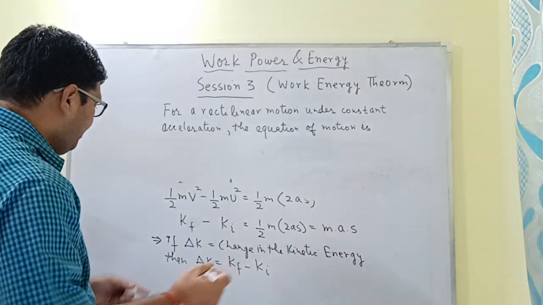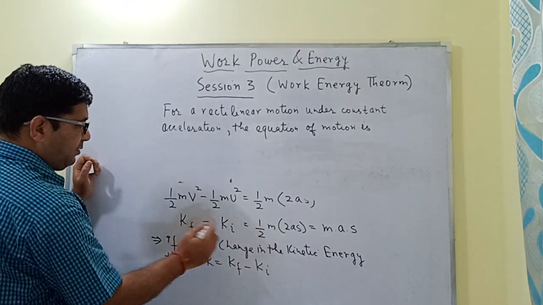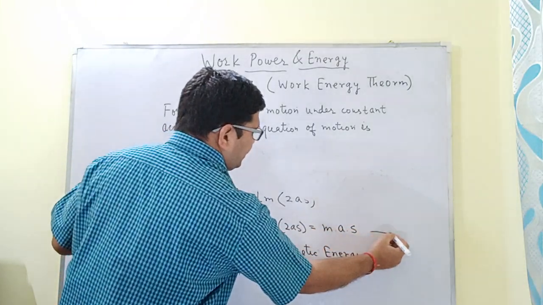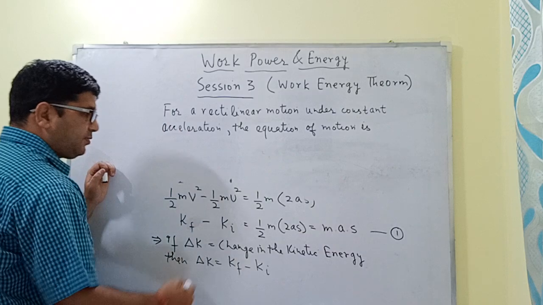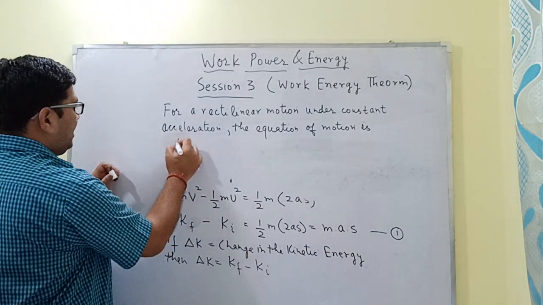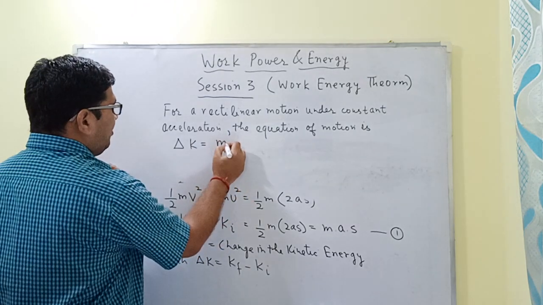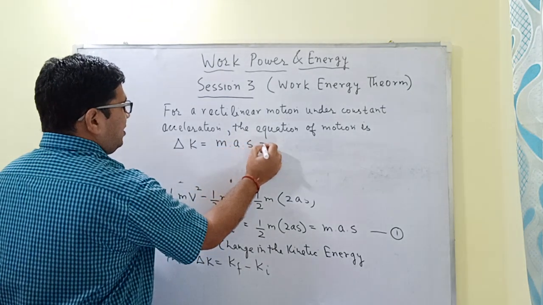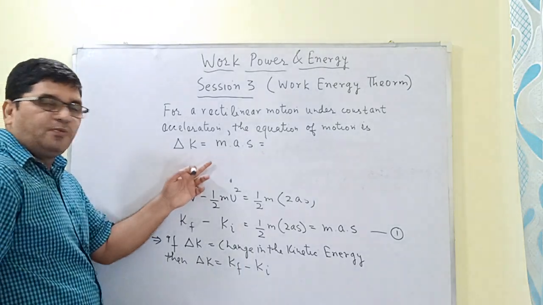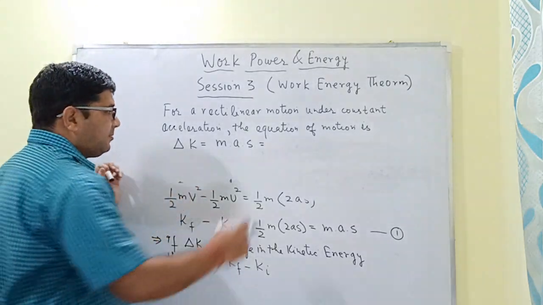Now this equation, let us say this is equation 1. So this equation can be written as delta k, which is equal to m dot a dot s. Now we know that the force is equal to mass into acceleration.